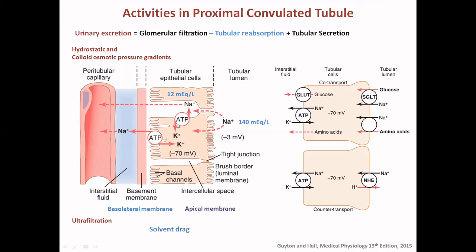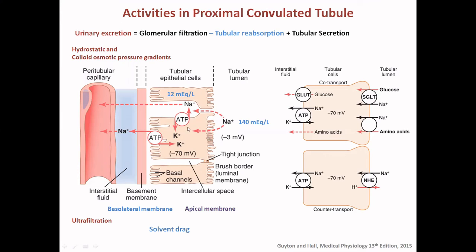It is also pushed into the paracellular space, and then it moves into the peritubular capillaries, and this is the medulla. Okay, and this is the apical side, which is found in the tubular lumen cell. So this is for the sodium.